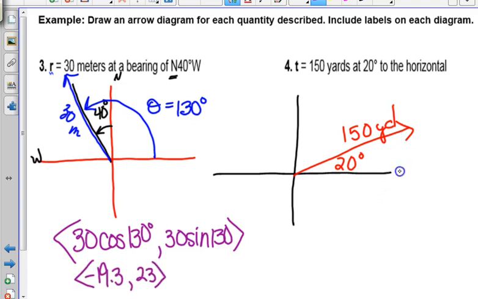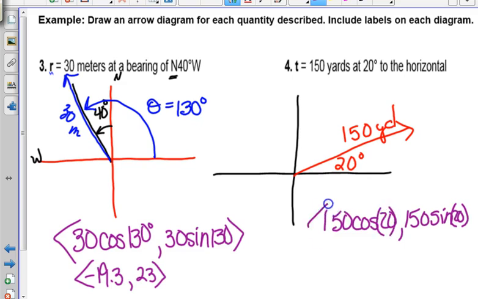All right, and can you do this last one then? 150 times the cosine of 20 and 150 times the sine of 20. Anybody got an answer for me? Someone else get those?